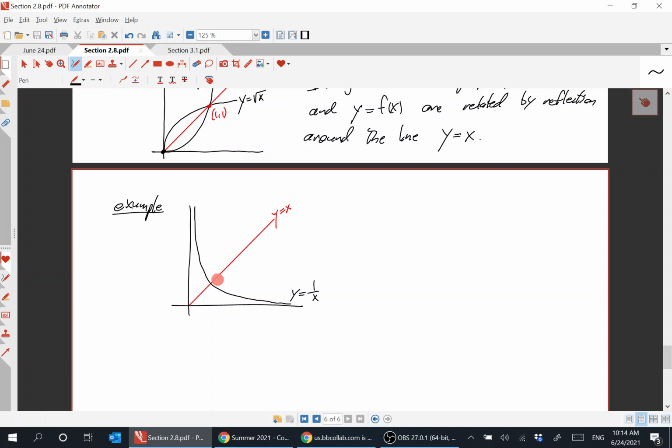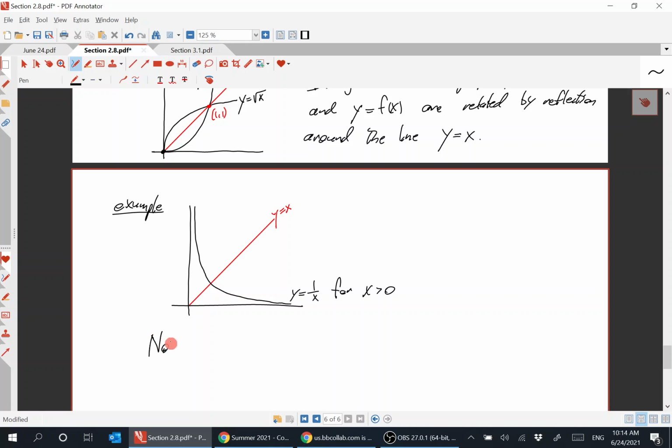So you'll notice that the graph of this function, y equals 1 over x, for the restricted domain, x bigger than 0, it doesn't matter. I mean, you could use the whole thing over the whole domain, all real numbers except x equals 0. But on this restricted domain, you'll see that it's symmetric. If I reflect it around that diagonal line, I get the same thing back.